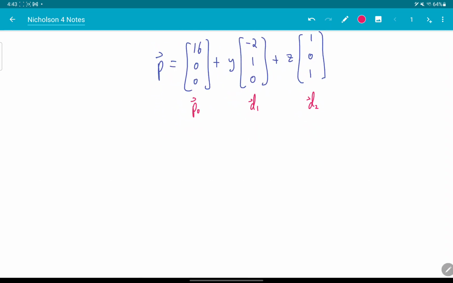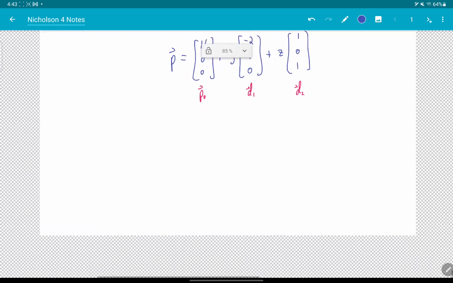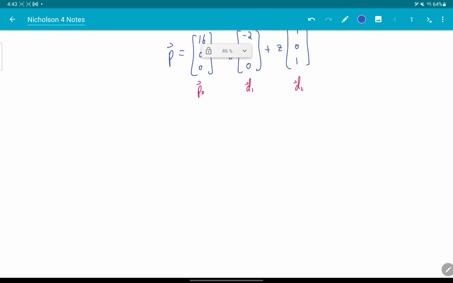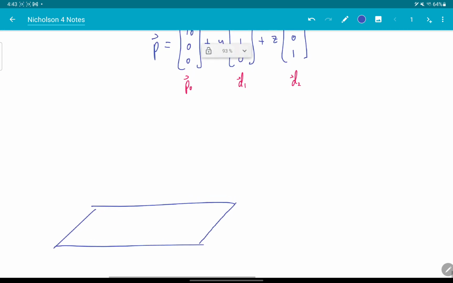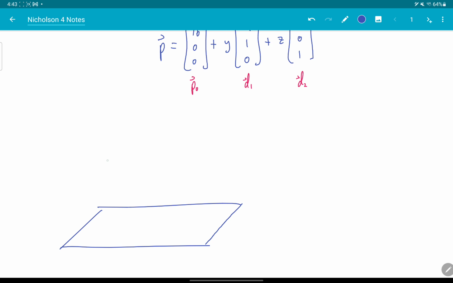So the picture here would be something like, maybe the plane is down here. And if you put the origin very conveniently up here, funny looking zero vector, there we go.